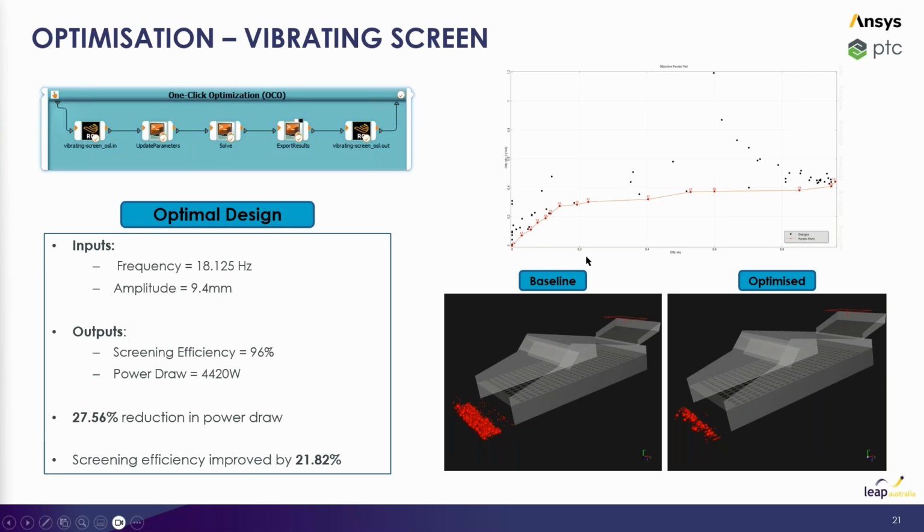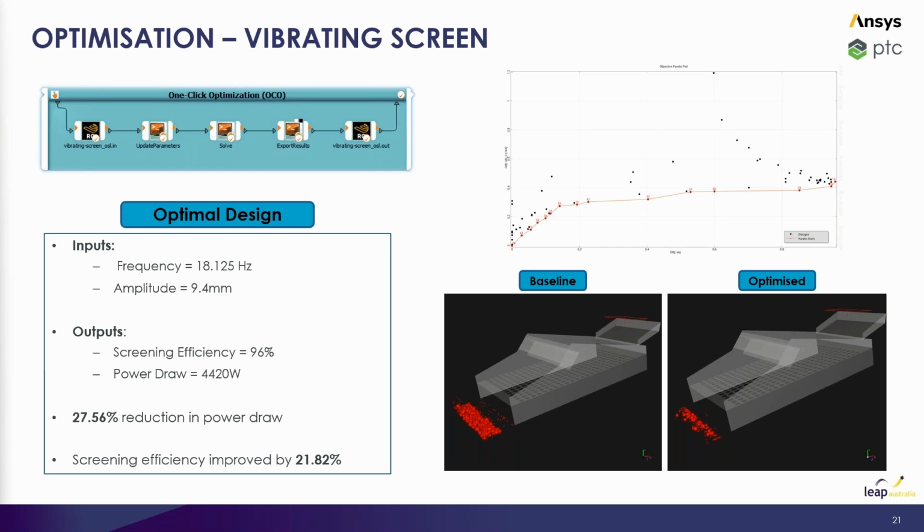It might be a little bit difficult to see on screen, but the horizontal axis is representing the screening efficiency, so we want to maximize this. We want it on the right-hand side. And the vertical axis is representing the power draw, which we obviously want to minimize. What's interesting here is that, as you would expect, the minimum power draw is the one where there are no oscillations at all.